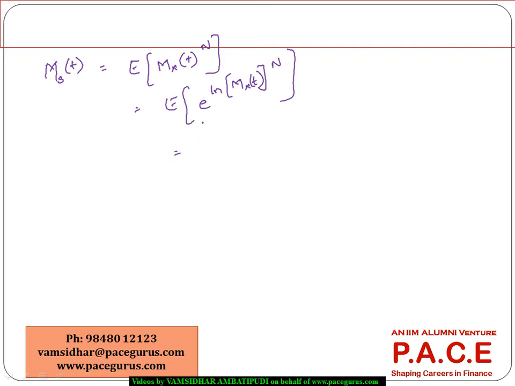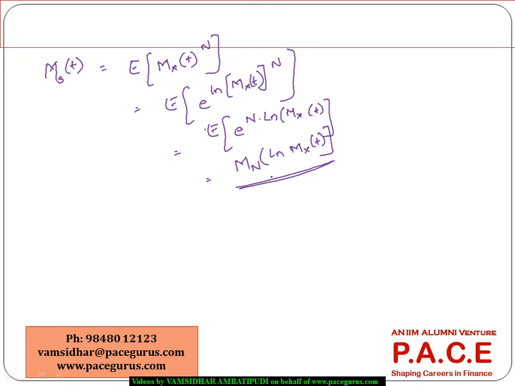Now I can very well bring the logarithm in between. So the expected value of e to the power of n times log MX(t). Now I could very comfortably get this out, which becomes MN of log MX(t).